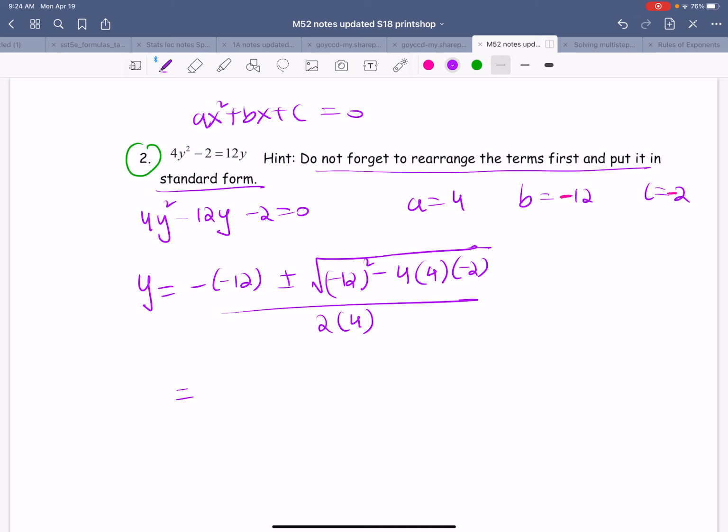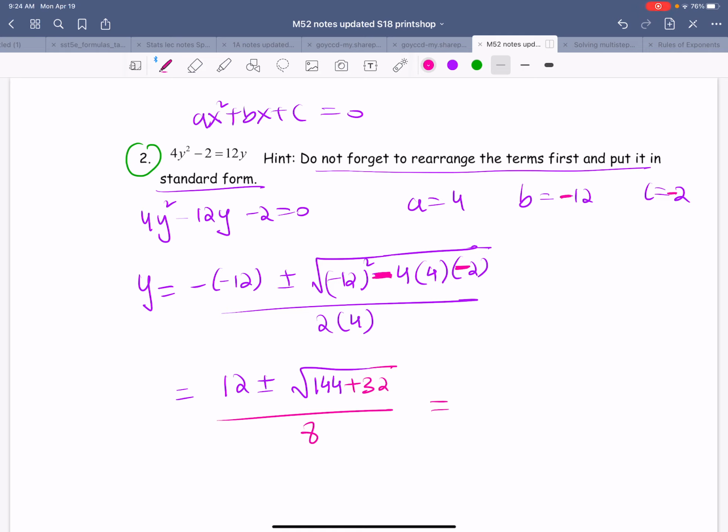Negative times negative is going to be a positive 12 plus minus square root of negative 12 squared, which is positive 144. And when you multiply a negative times a negative, it's going to be a positive. 4 times 4 is 16. 16 times 2 is 32, divided by 8.